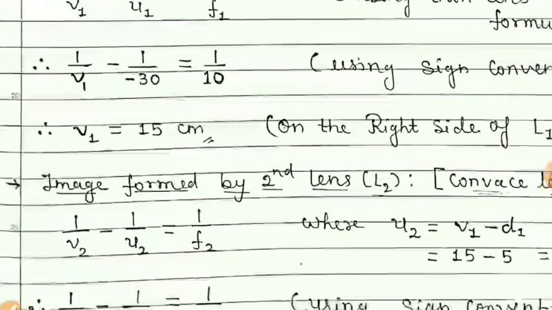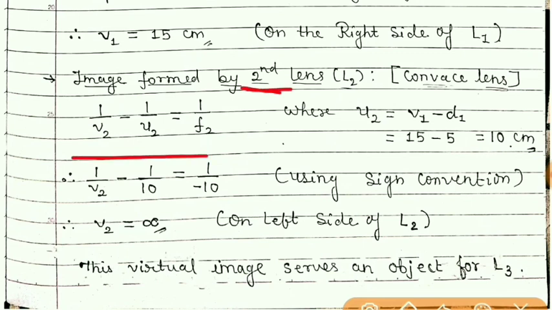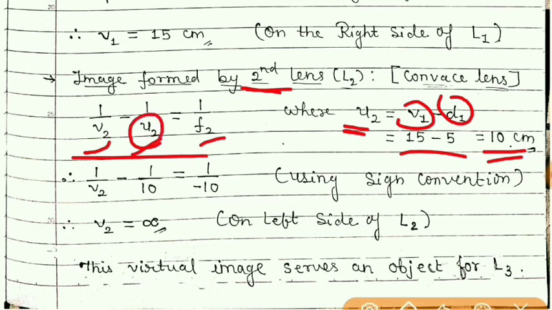And so now applying the thin lens formula for the second lens, first we'll write the formula. 1/V2 minus 1/U2 is equal to 1/F2. But the object distance for the second lens will be V1 minus D1, and that is 10 centimeter. So U2 is 10. Why have we kept it positive? It is because it is on the left side.